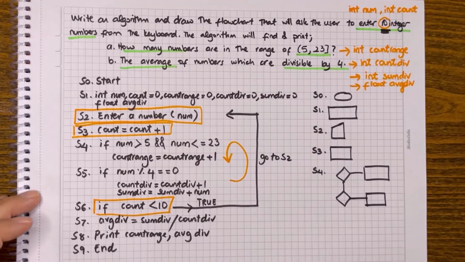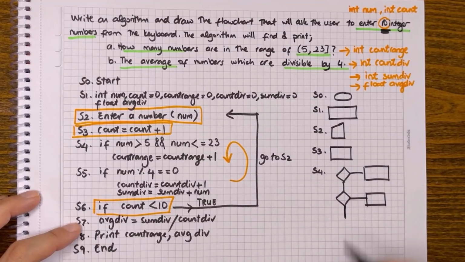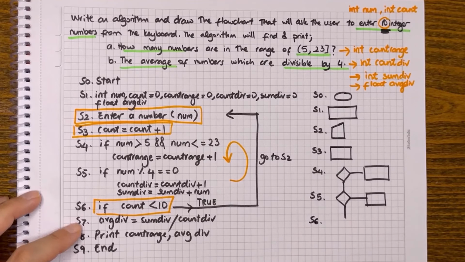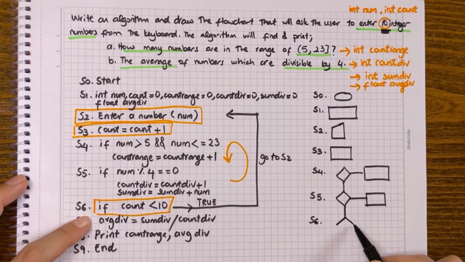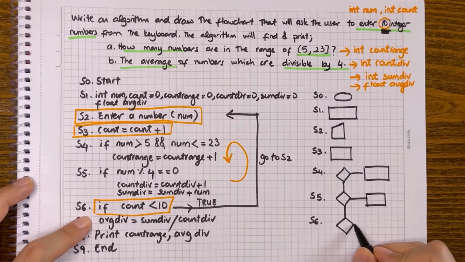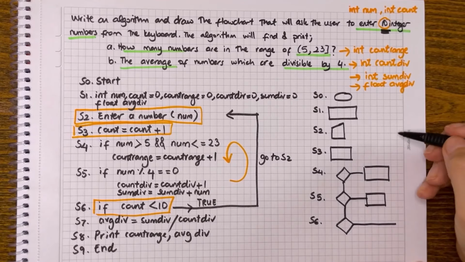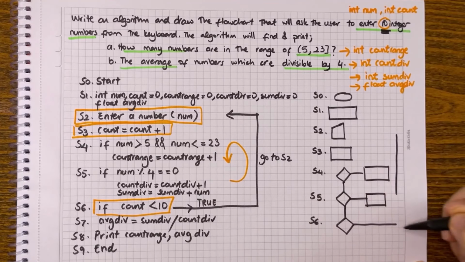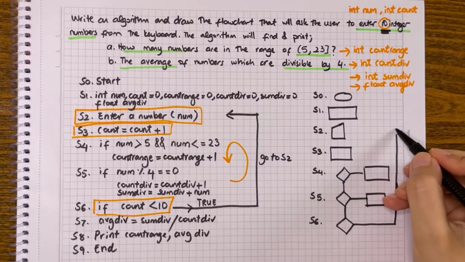Alright, and we come here. This is step number 5, step number 6. In step number 6, we have again a decision statement. If count is less than 10, and if this is true, we will go to step number 2. Okay, we go to step number 2.